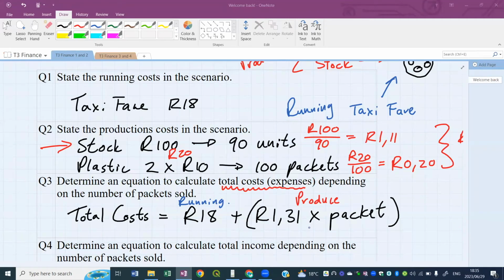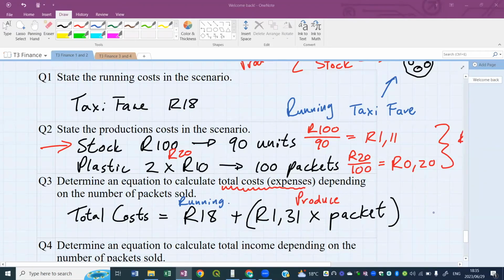We have a per packet price. So over here in the brackets, the production cost is 131 times the packets, the number of packets that she makes. It depends on how many packets she wants to make for the day. But you can give this equation to her and say, this will be your total cost equation for the day. This will tell you how much you're going to have to spend in this day, depending on how many packets you sell today.